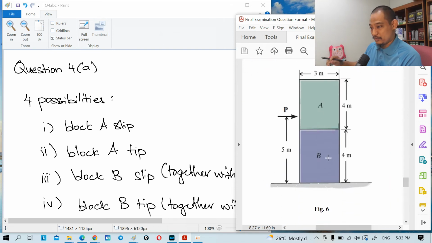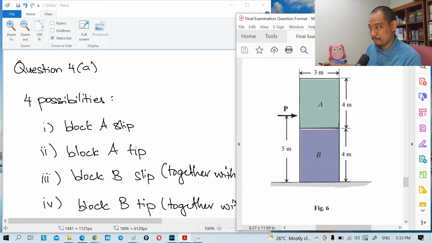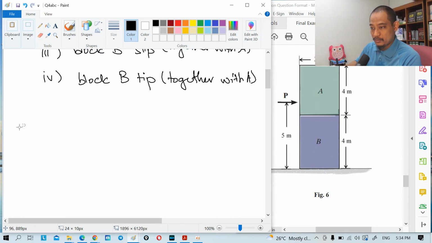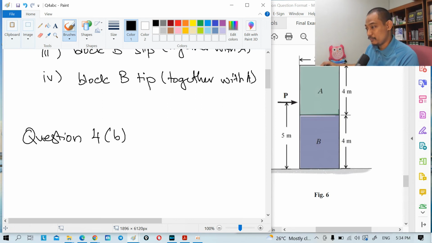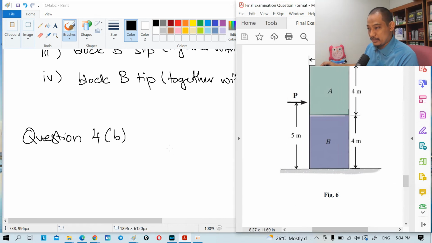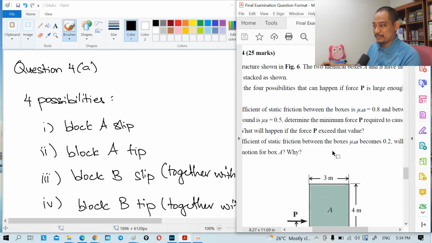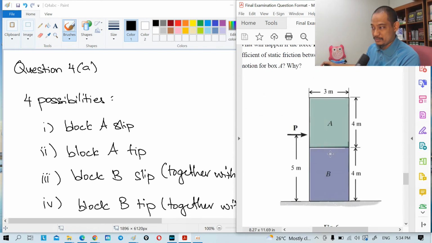Right, so going here, question 4b. So what is given is mu AB is 0.8.